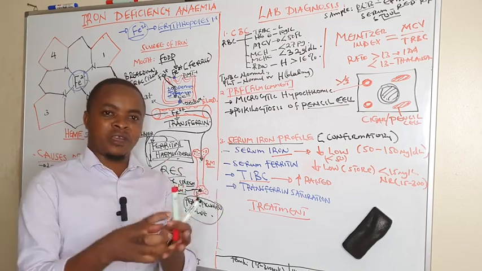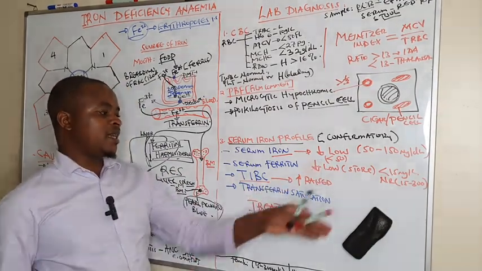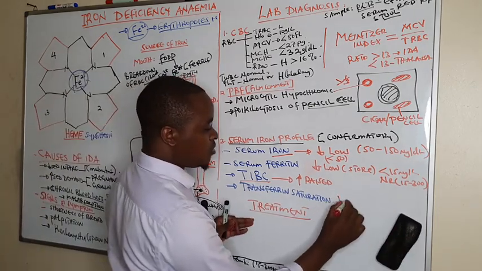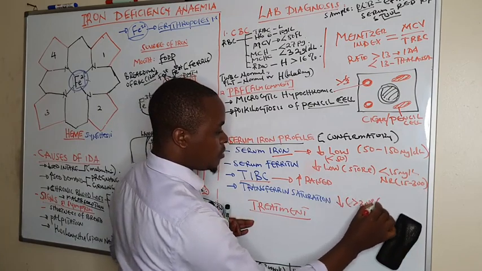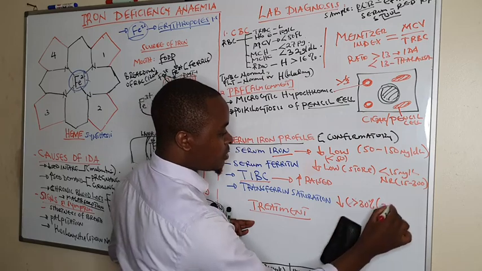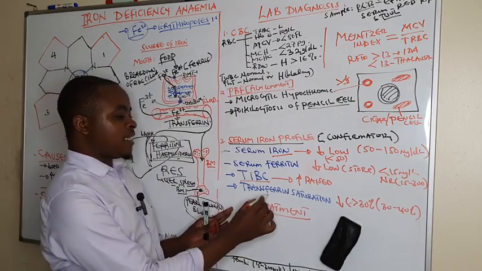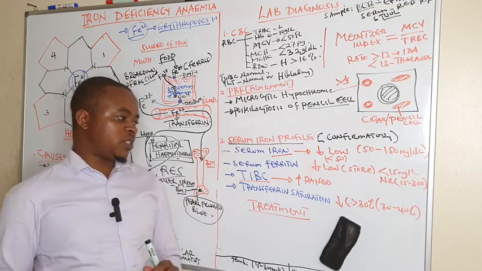So they are hungry to bind. That's why the total iron binding capacity is raised, whereas the others are low. And even here, the transferrin saturation is low, that is below 30%, whereby the reference range is 30 to 40%, because this transferrin has binding sites where iron attaches to be transported.